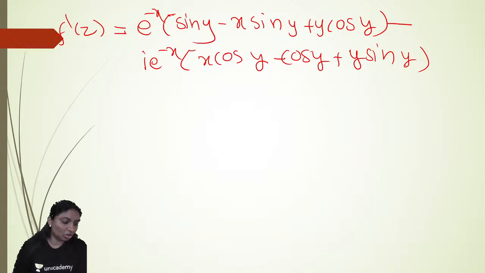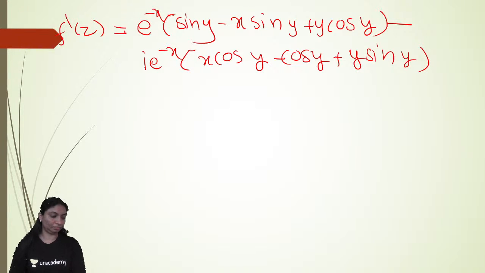Right? So by Milne-Thomson method, i e raised to minus x, x cos y minus cos y plus y sin y. This is your f dash of z.